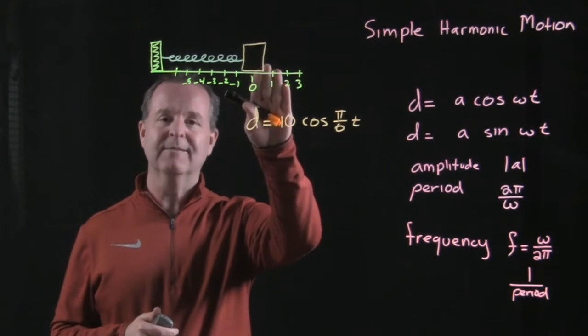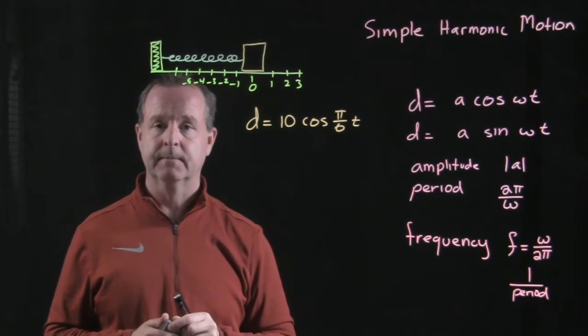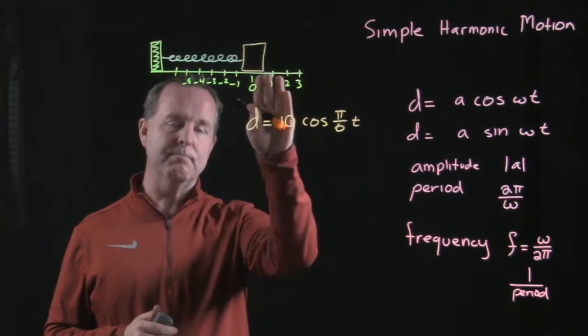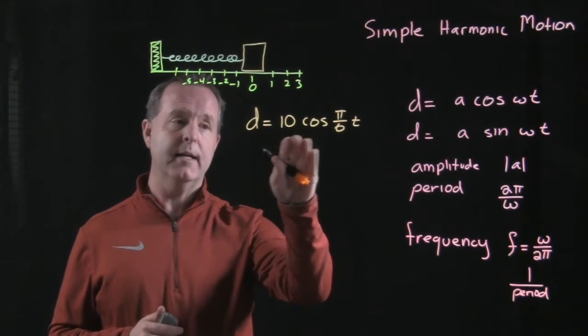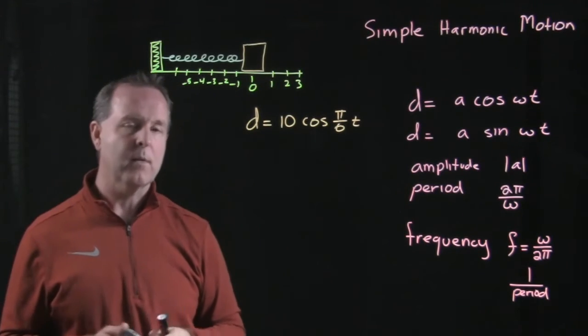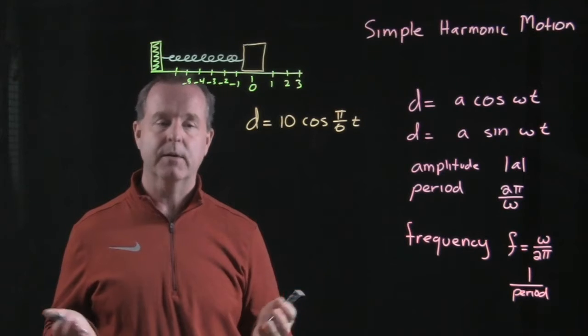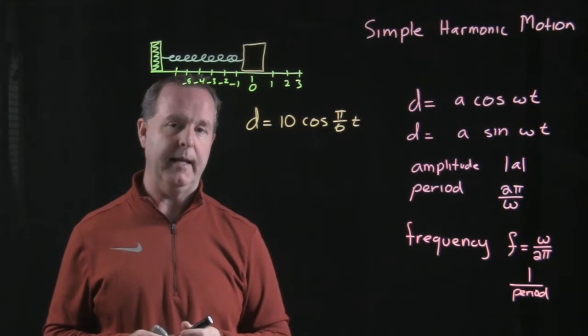Imagine I have a weight on a frictionless surface attached to a spring. Its simple harmonic motion is described as d equals 10 times cosine of pi over 6 t. Let's figure out some questions we can ask. Do you know what its amplitude is? What its total displacement will be?